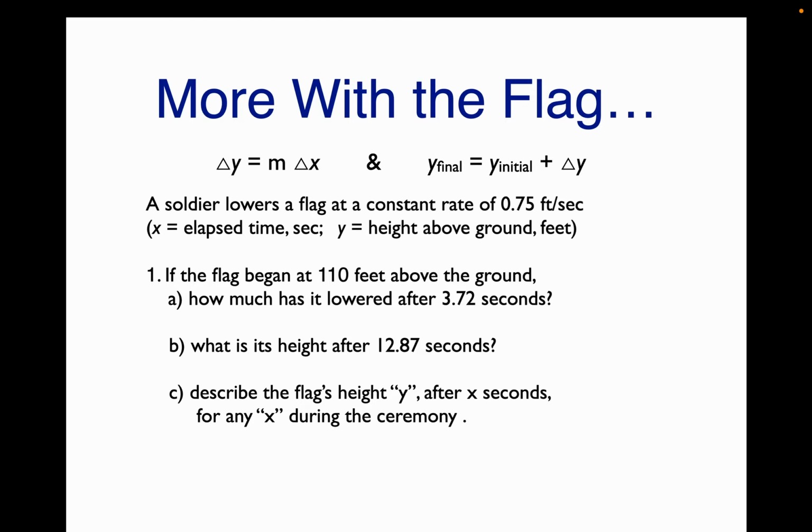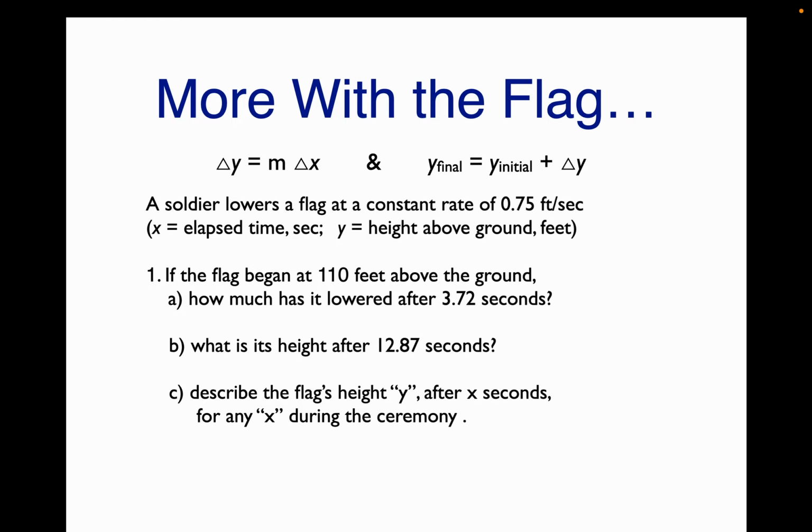And this is negative 0.75, so my delta y would be negative 0.75x. That makes sense? So after x seconds have gone by, my flag's height's decreased by 0.75 times however many seconds that is, 0.75x. Decreased by meaning subtract 0.75x. But if I want to find what the new height is, I have to start it from someplace, and it's not 0.